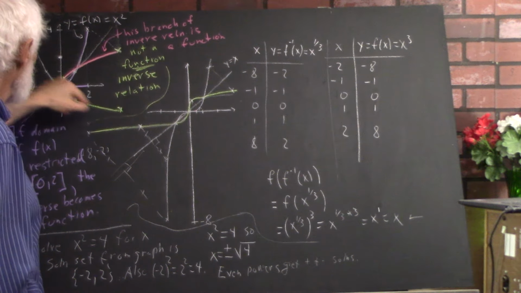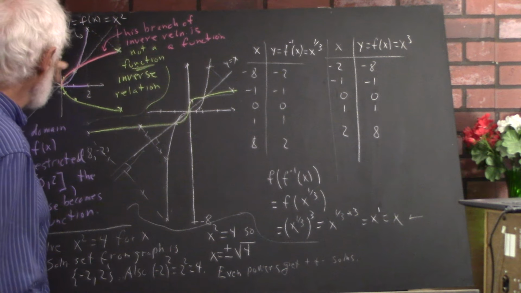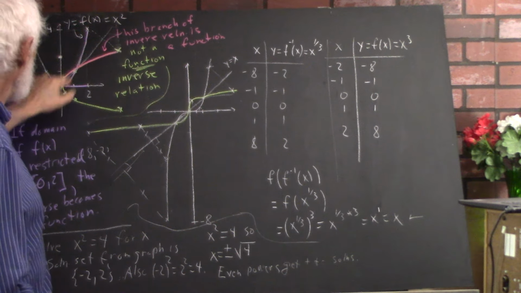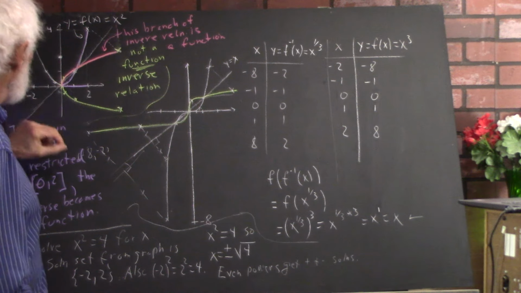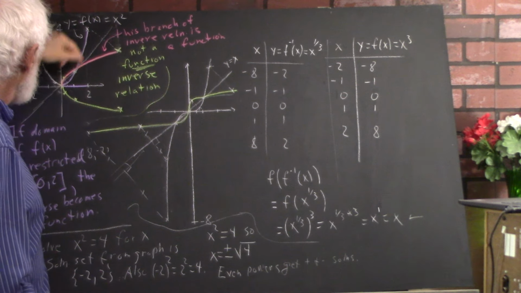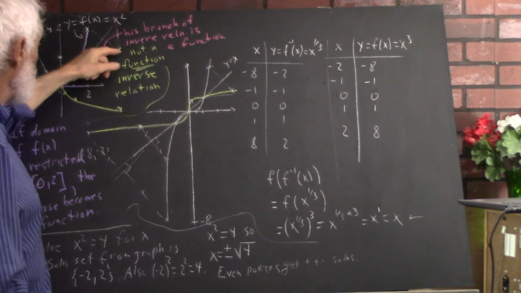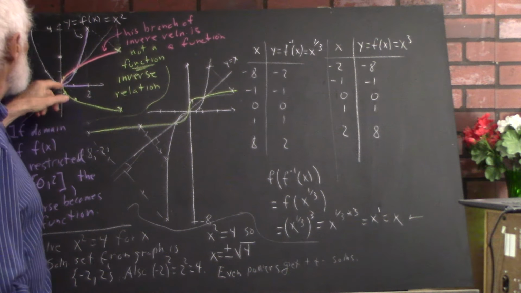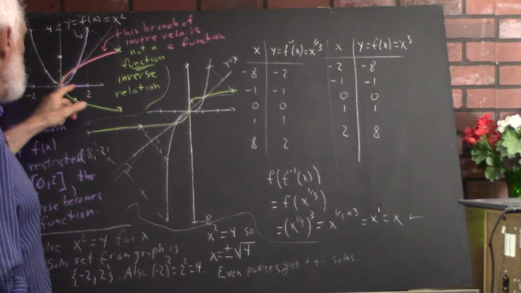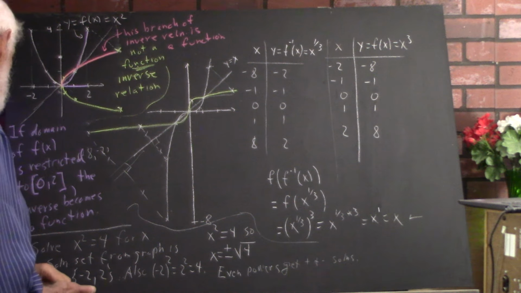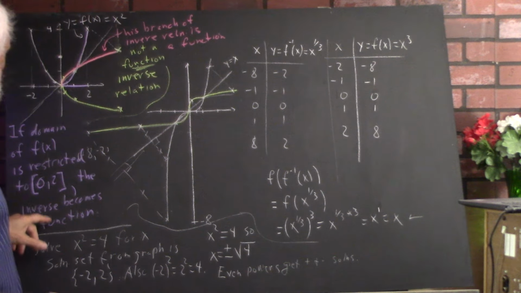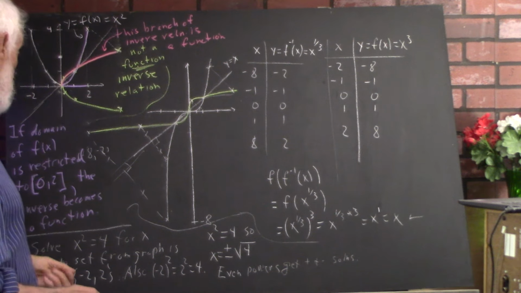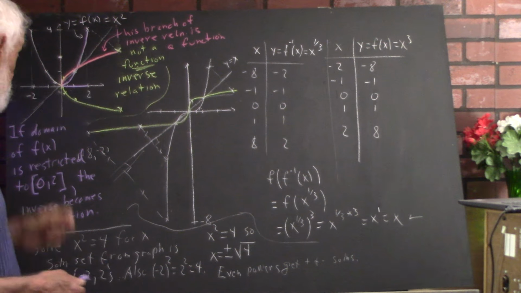So you've got the inverse relation, two branches, a branch that goes this way, a branch that goes this way. In the original function, you've got a branch here and a branch here. If you restrict yourself to this branch, you get this branch of the inverse relation, which is a function. You restrict yourself to this branch by restricting the domain to the interval 0, 2. And now the inverse becomes a function. And that function has a name, which I didn't mention in class.